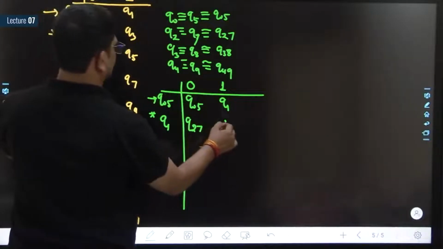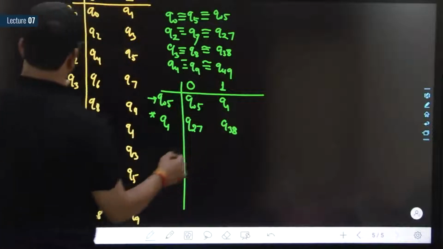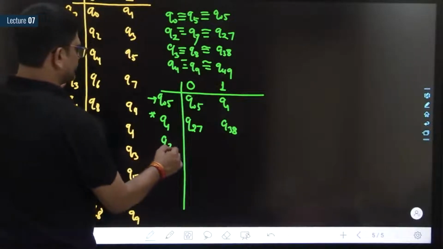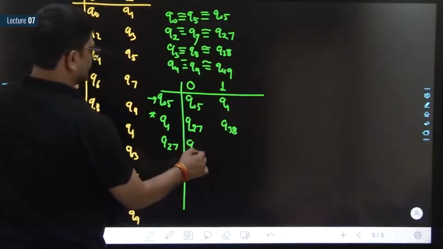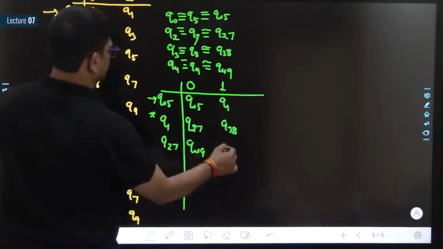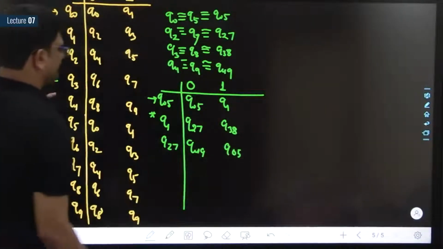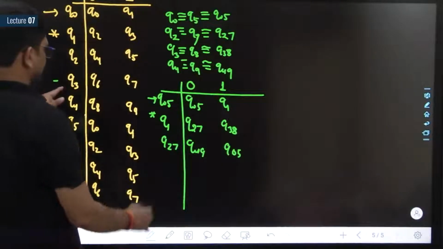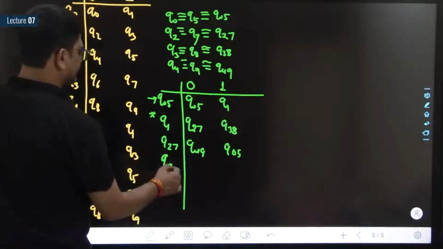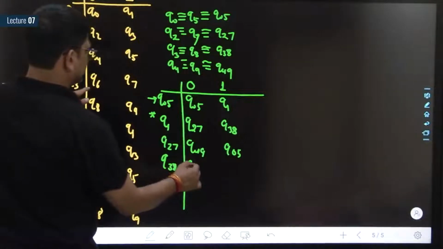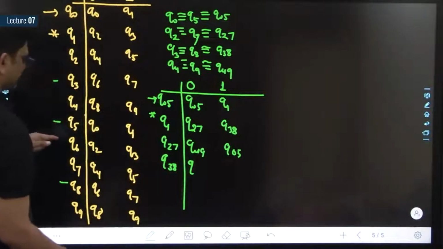Q27, Q38, Q49, Q05. Next is Q38. Q6 is not merged.